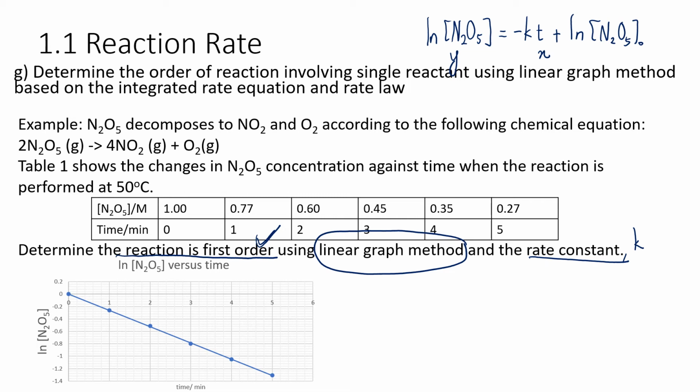And how do we determine the rate constant of the reaction? We can determine it from the gradient of the graph, because from the linear equation for the integrated rate law for first order reaction, we know that the gradient of the graph is equal to negative rate constant. Therefore, to find the rate constant, we first need to determine the gradient of the graph.